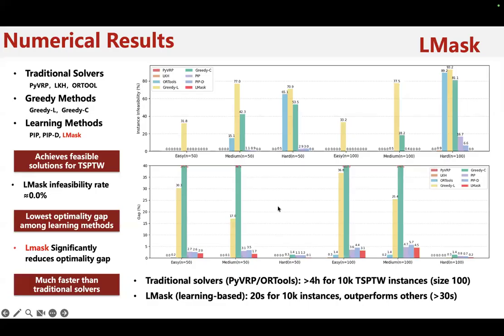And let's see how it performs. The first figure is the infeasibility. You see, the red one is our algorithm. You almost never see the red color. That means our algorithm is almost always feasible. And this is the gap of the function values.